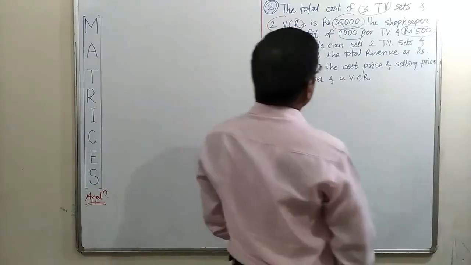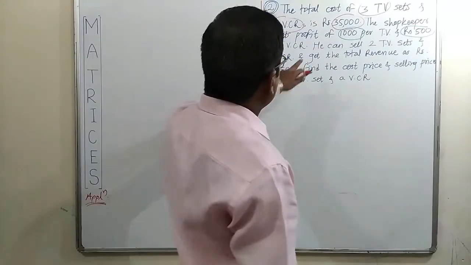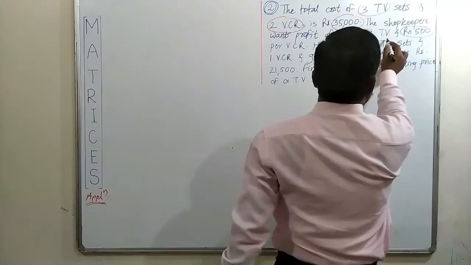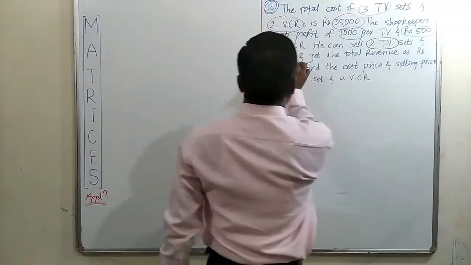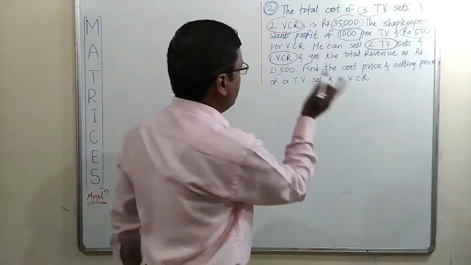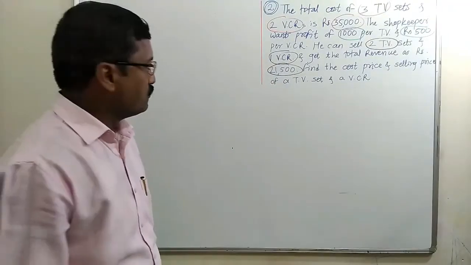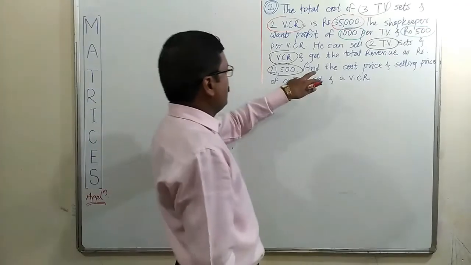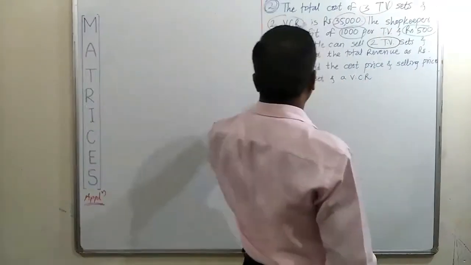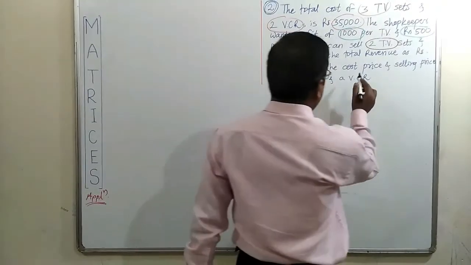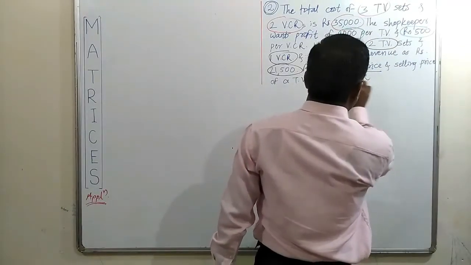Again, the next condition is given that he can sell 2 TV sets and 1 VCR and get a total revenue of rupees 21,500. In this case, you have to find the cost price and selling price of a TV set and a VCR. We need the cost price first.